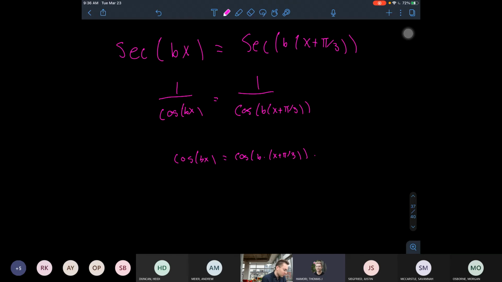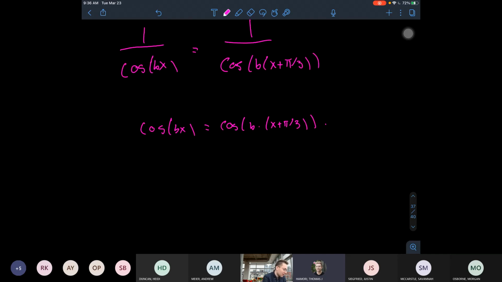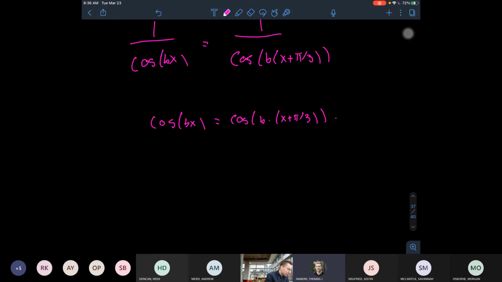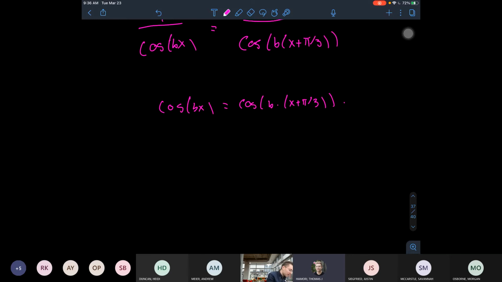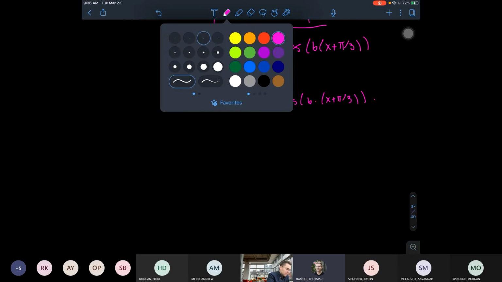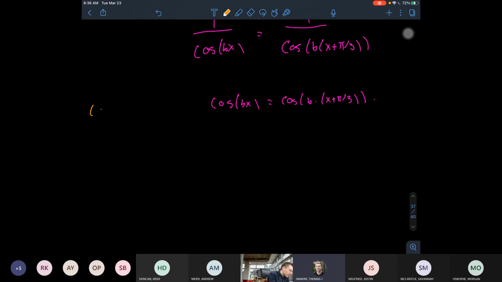Okay. Well, let me explain where that actually comes from. We know the following is true. As a side note, we know that cosine of x is always equal to cosine of x plus 2 pi.